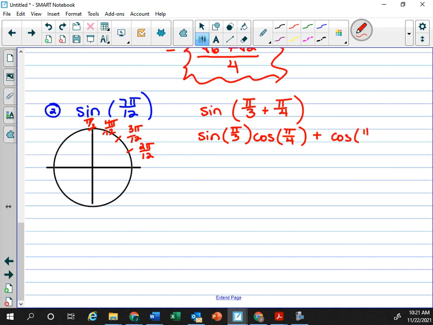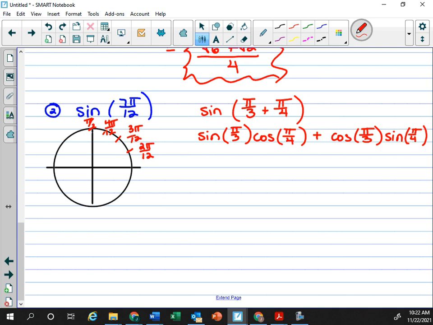Cosine pi over 3 times sine of pi over 4. Now, guys, even within that, if you had written sine of pi over 4 times cosine of pi over 3, it doesn't matter. It's multiplication. 2 times 3, 3 times 3, doesn't matter. I would just be consistent for yourself so that it's easier to remember the formulas.